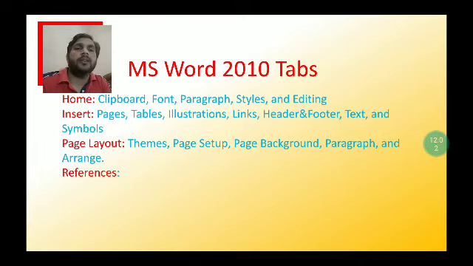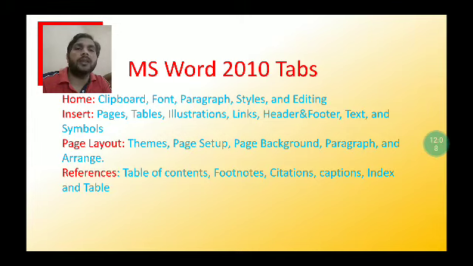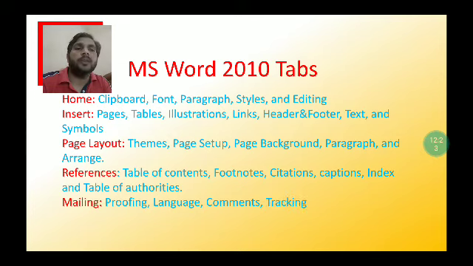The next tab is References. References contains table of contents, footnotes, citations, captions, index and table of authorities. The next tab is Mailings, which contains proofing, language, comments, tracking, changes, compare and protect.